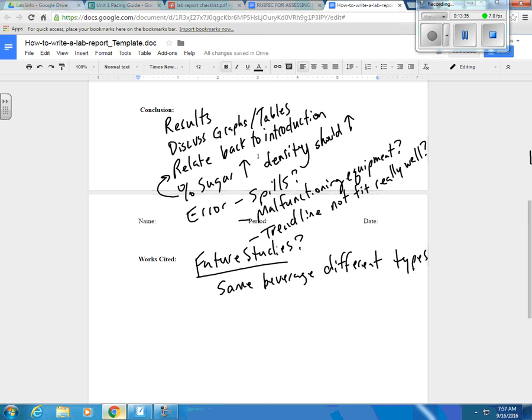If we were just talking about Coke, what about Diet Coke? What about Cherry Coke? What about Coke Zero? So we could do the same thing with different types. You could go to Gatorade. You could do different Starbucks drinks, whatever you want to do, but you've got to talk about something about future studies. What could we do in the same realm, discussing density, that is along these same lines?